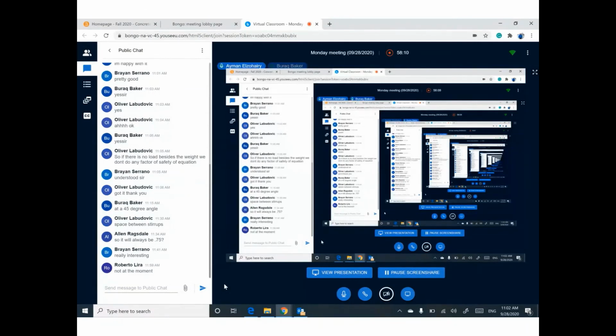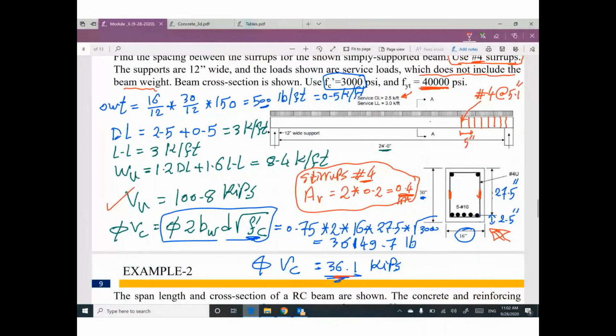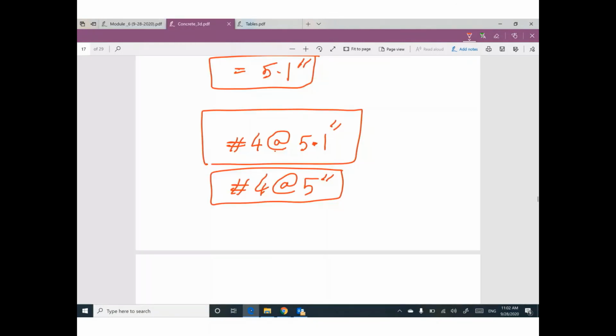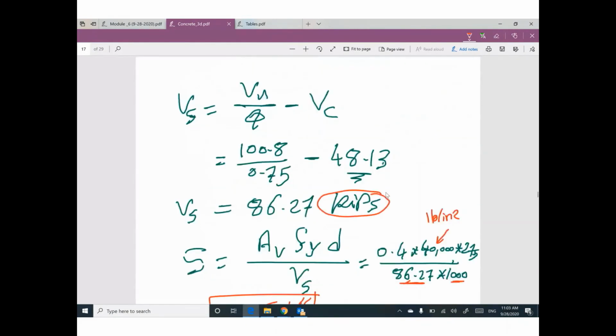For V ultimate, how did you determine that exactly? Let's say if we had a beam that didn't have a uniform distributed load, and we had different values for reactions and so on. How would you determine V ultimate from there? What do you mean by the ultimate shear? Yes, ultimate shear.